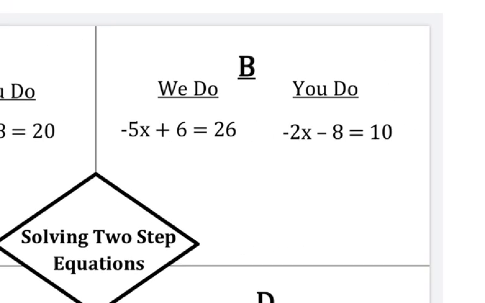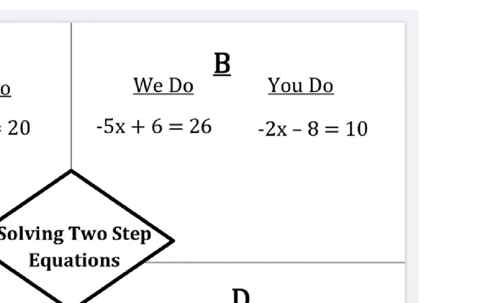Okay, so let's move on to box B. In box B, we have the exact same type of equation. We have a two-step equation with a single number on the right. So just as we did before, we are trying to get this x by itself.